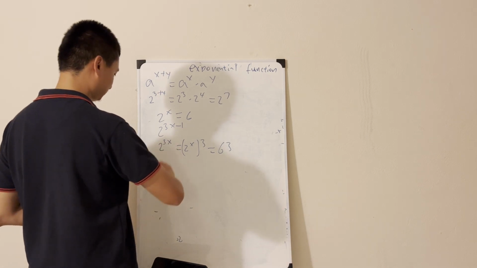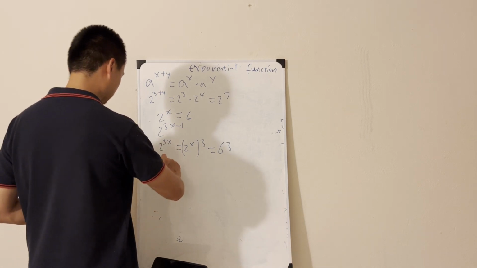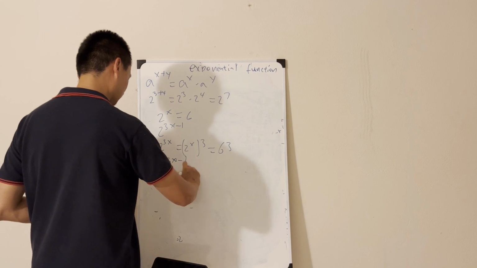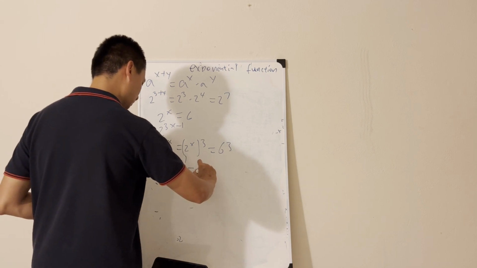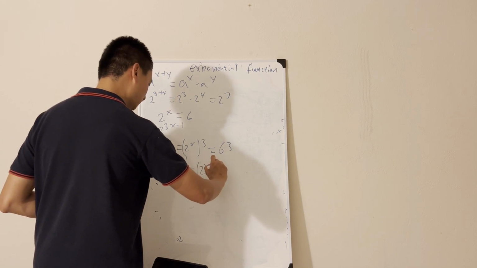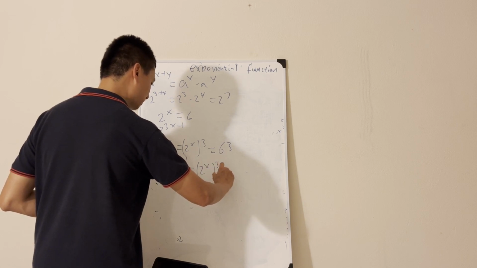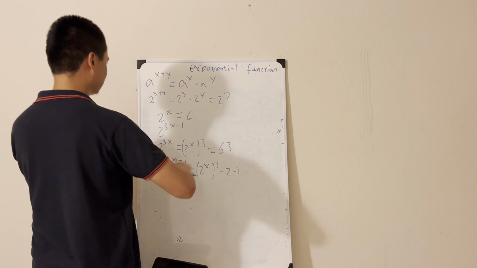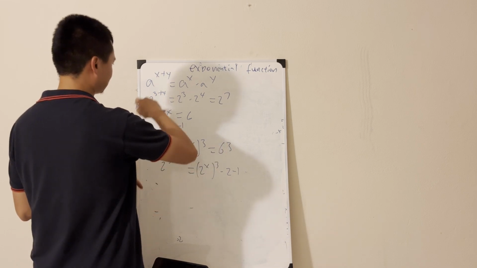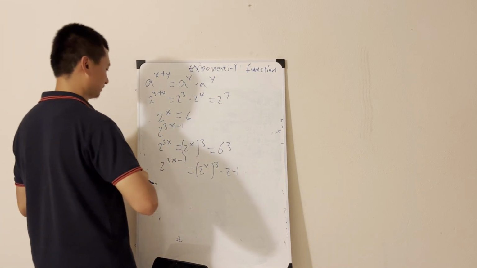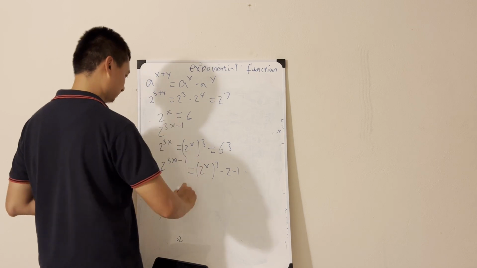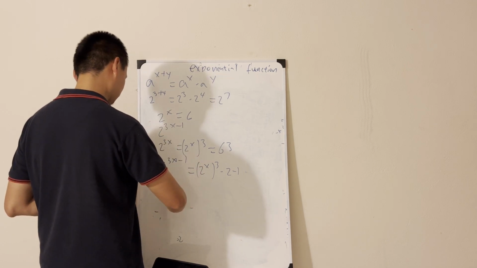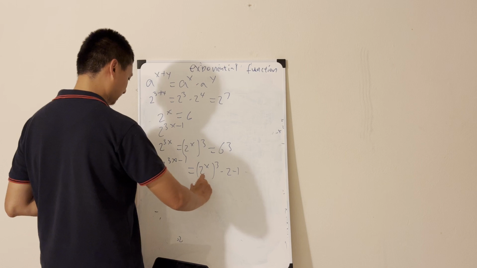Well, then 2 to the 3x minus 1 is the same thing as saying 2 to the x cubed times 2 to the negative 1, since we use the property separating them, right? From before. And we can substitute 2 to the x for 6.